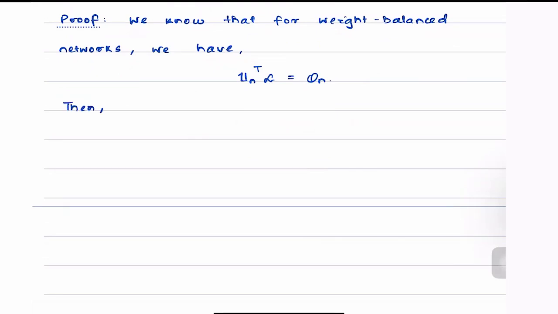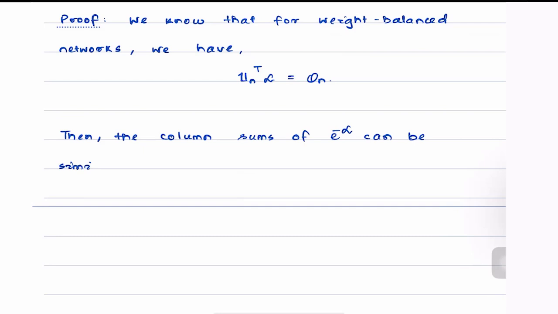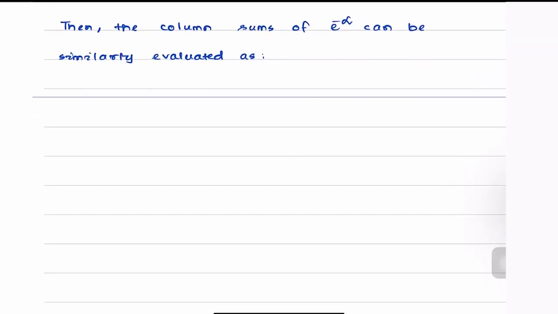then let us now evaluate the column sums of e raised to the power minus L. The column sums of e raised to the power minus L can be similarly evaluated as 1n transpose e raised to the power minus L. Again, we do the same things that we did for the previous proof.